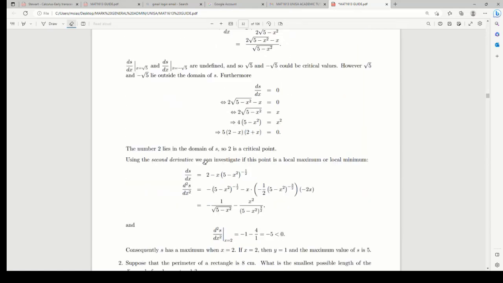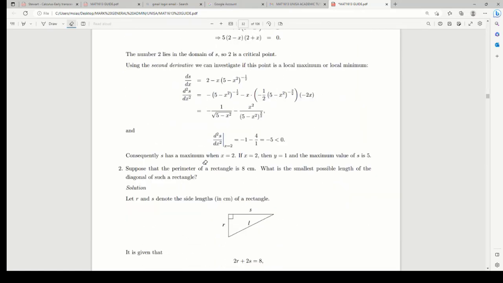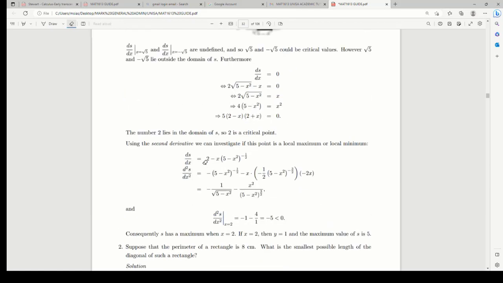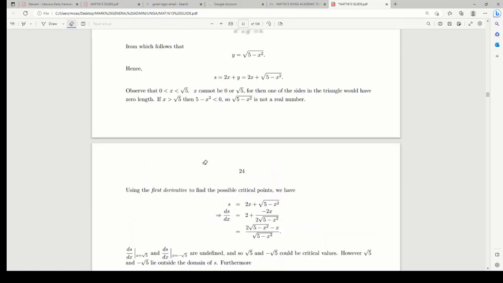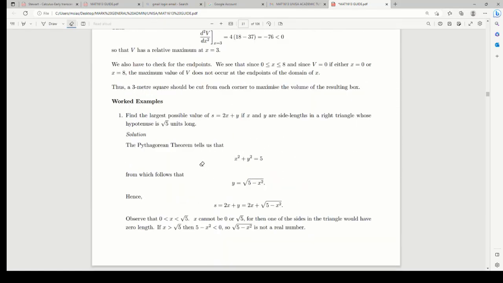And then they have a lengthy solution to this problem, but it works out very nicely though, okay? So let's look at this optimization problem. I think it falls under optimization problems, section 1.3. So let me write down the question for you guys and let's do a screen share and try and solve this one, okay?